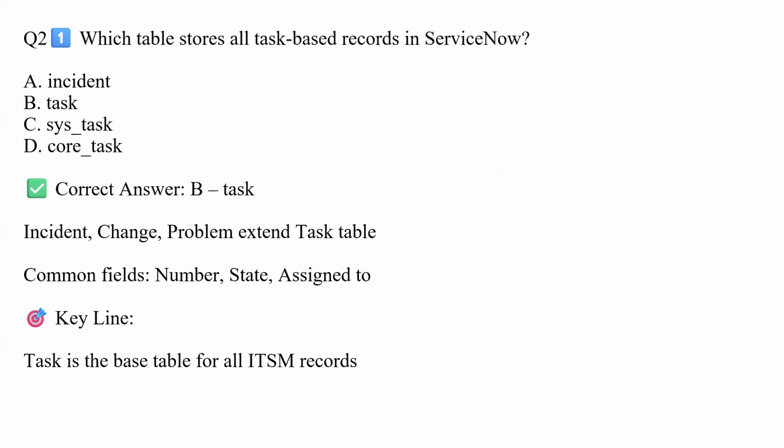So that's why task is the base table. All incident, problem, change, and all other tables arise from the task table. Root, that's the base of the table. And problem, incident, and others are all branches of the table. So task is a base table.